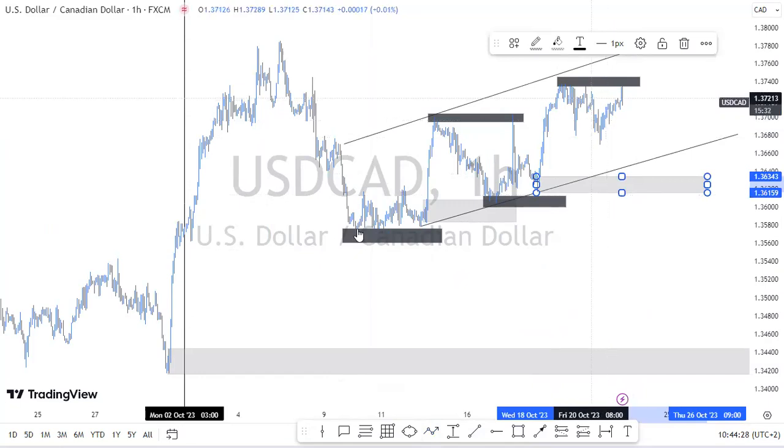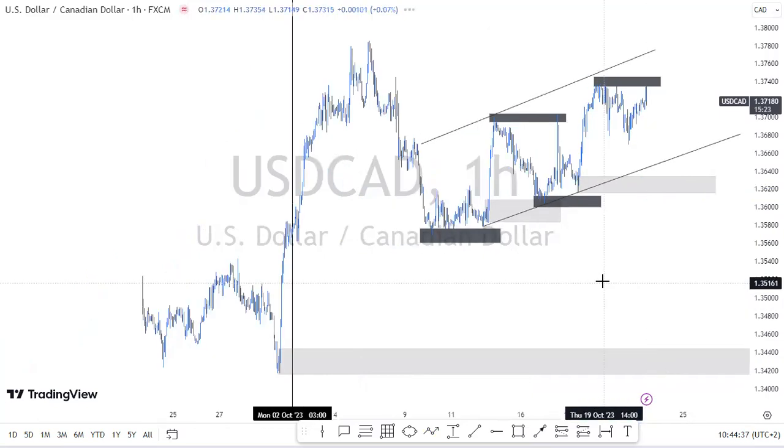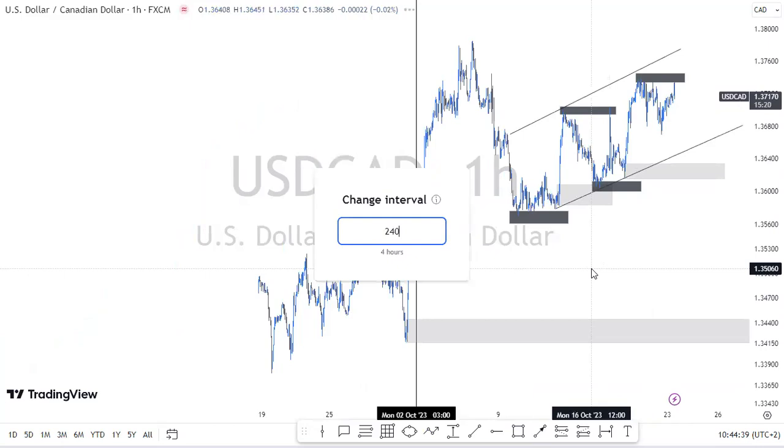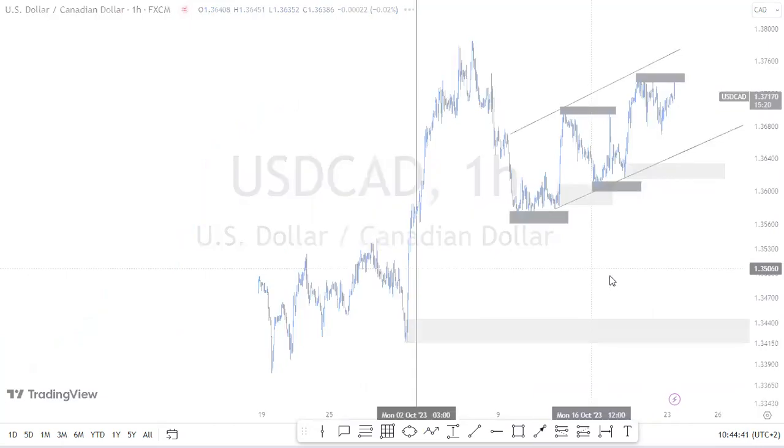But a break below this one would mean that moves to the downside are well in play, but there's also this zone to watch out for. Now let me go back to the 4-hour. I hope this isn't too confusing.